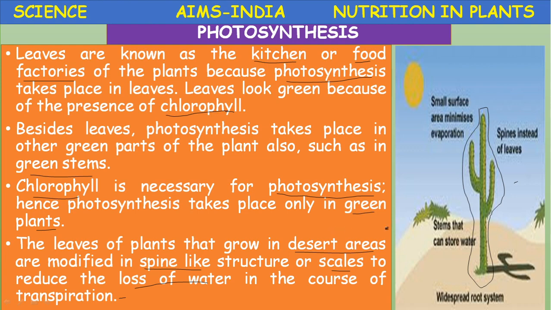So for that purpose the stem is modified. The leaves are modified to spines, and the stem is modified such that it can store water, and it also contains the green pigment called chlorophyll, or chloroplasts are present in the stem itself, so that the plant undergoes photosynthesis.